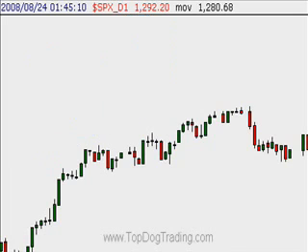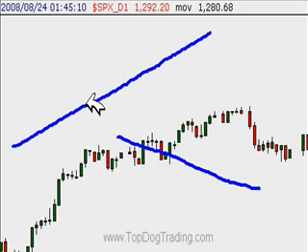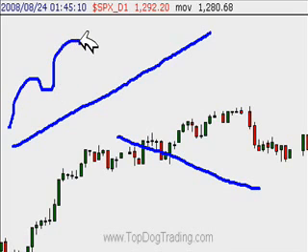It's because the market doesn't move in a straight line up or a straight line down. It tends to wiggle. It tends to move up a little bit and then down a little bit, up a little more, down, up, down. Same thing in downtrends.